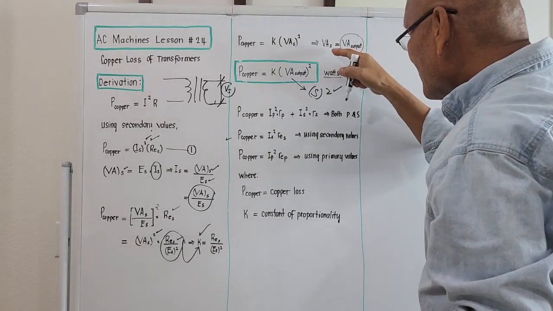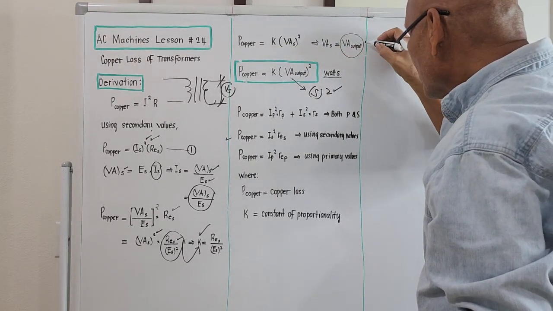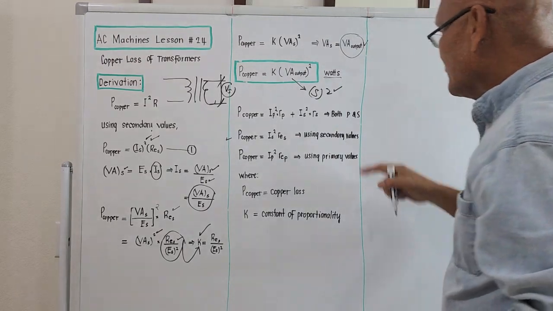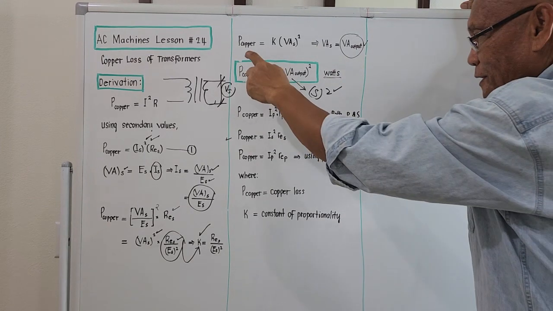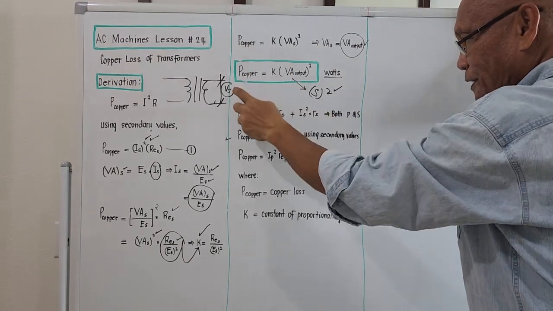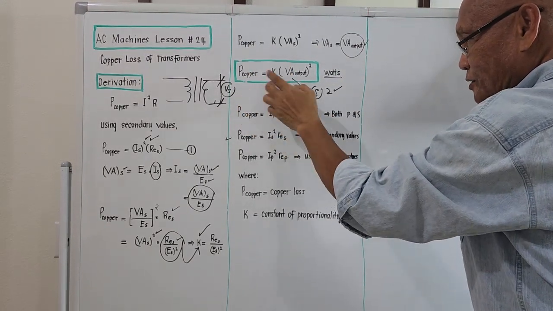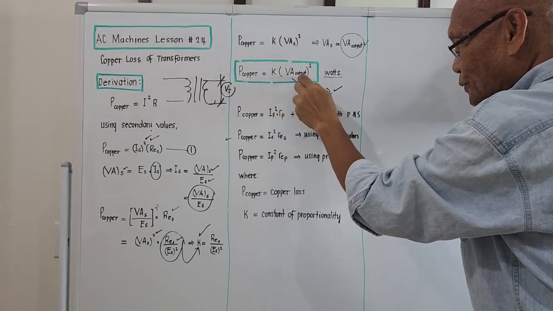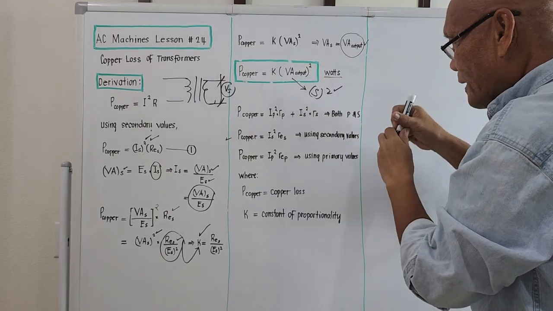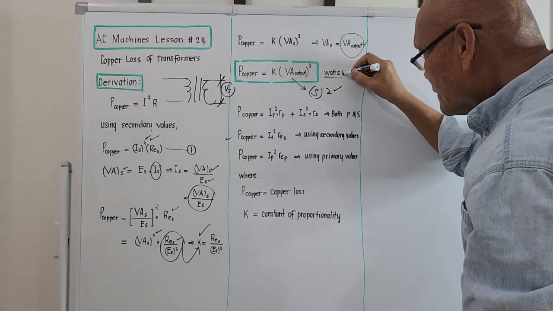Instead of placing the subscript S, we will just place the subscript output. So the copper losses should be equal to K times the volt ampere output quantity squared. And the unit of this is watts.